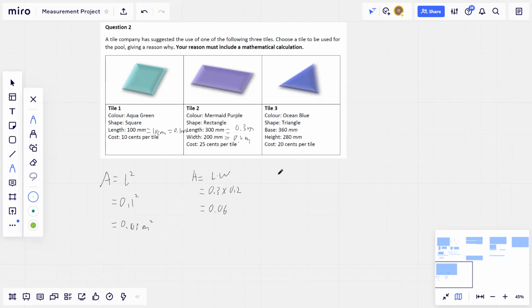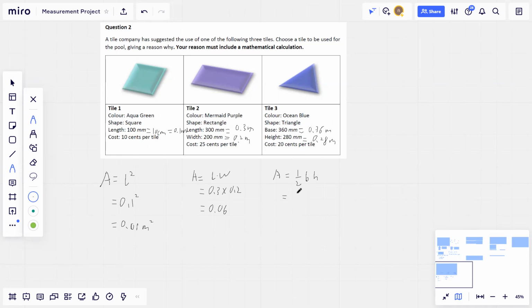And for the third tile, it's a triangle. For the base, you convert it into meters, so that's 0.36 meter, and the height is 0.28 meter. The area of a triangle is 1/2 times the base times the height.